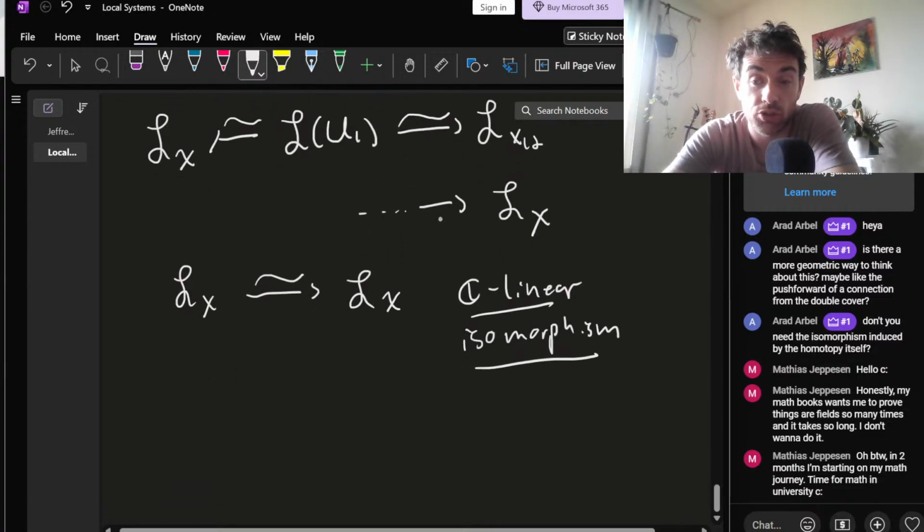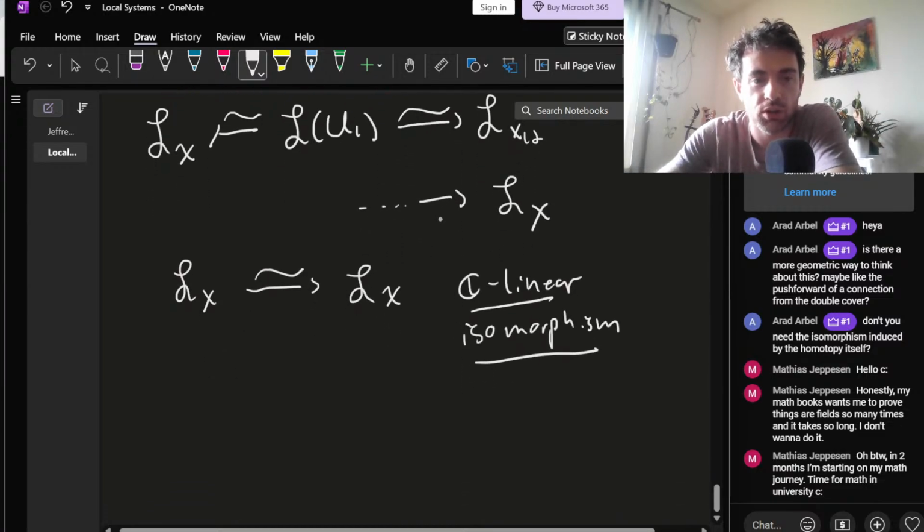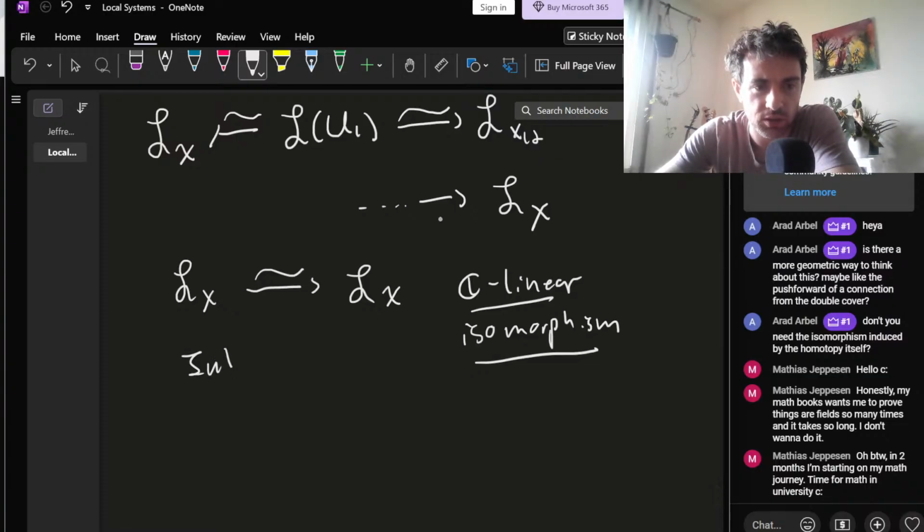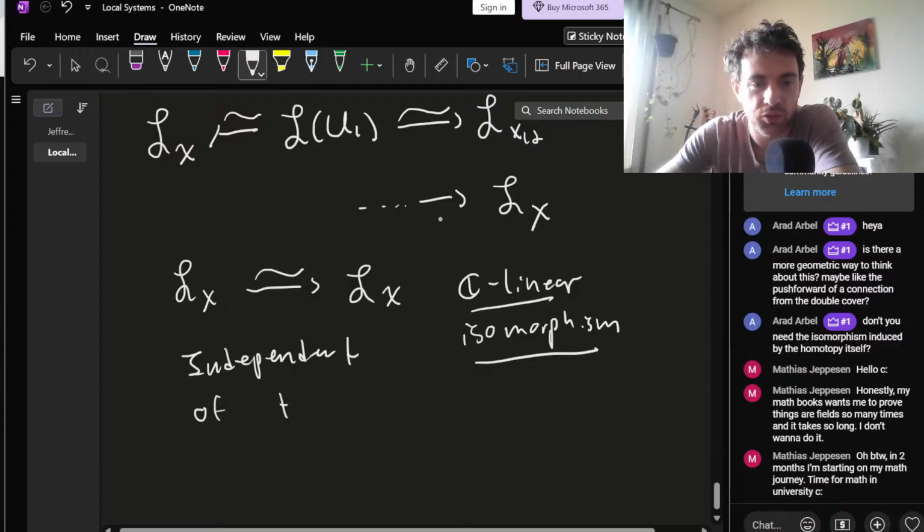And it turns out, this isn't obvious from what I've just written, but this isomorphism is independent of the homotopy class of the loop that you started with.